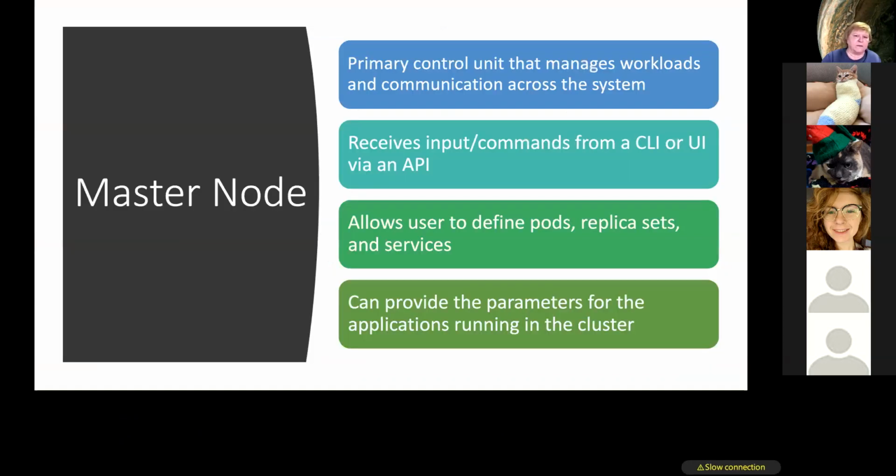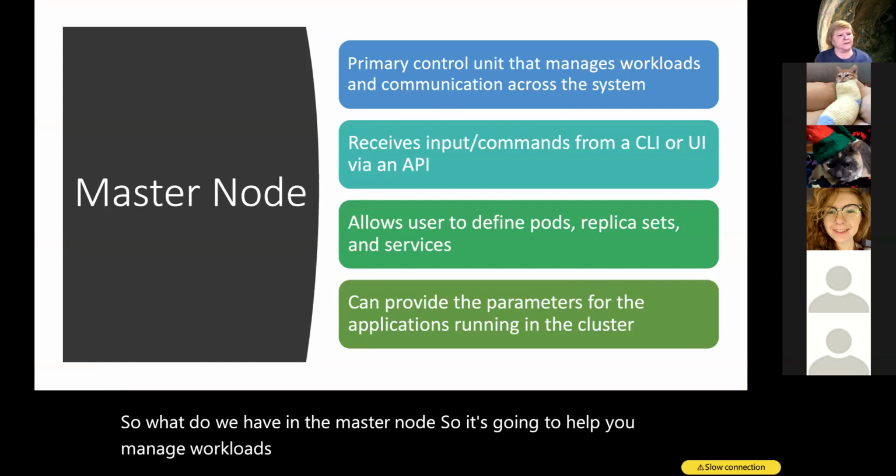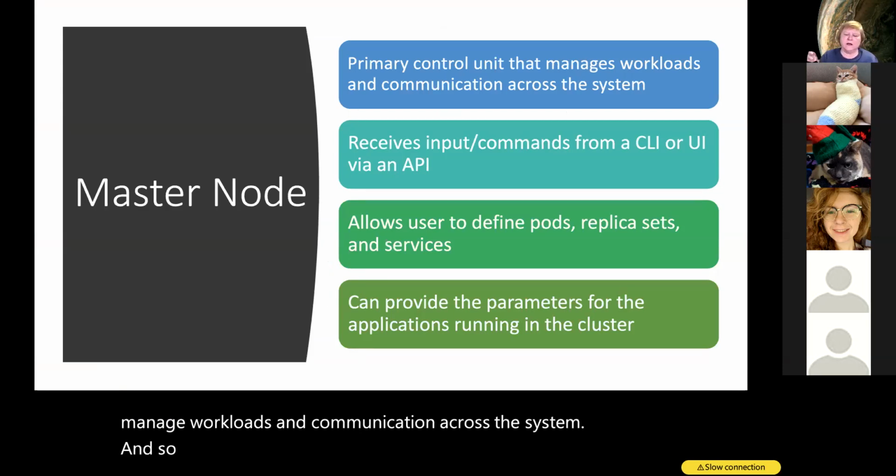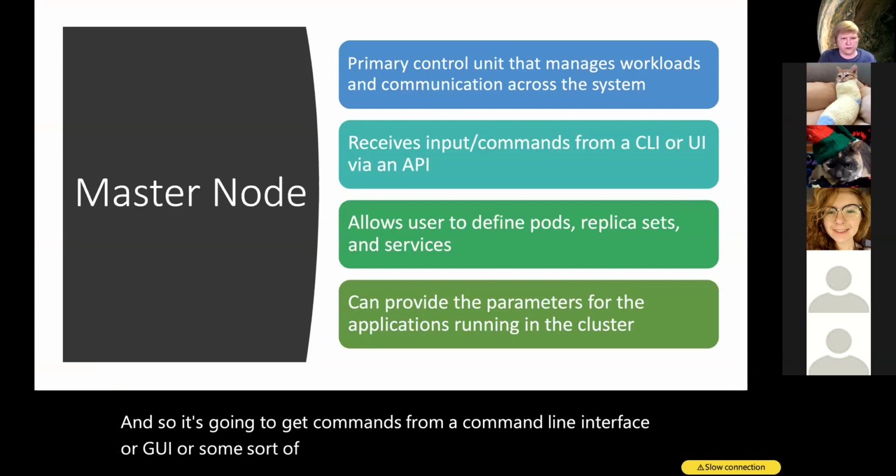So what do we have in the master node? It's going to help you manage workloads and communication across the system. It's going to get commands from a command line interface or a GUI or some sort of user interface, where the interface will send an API call to the master node.